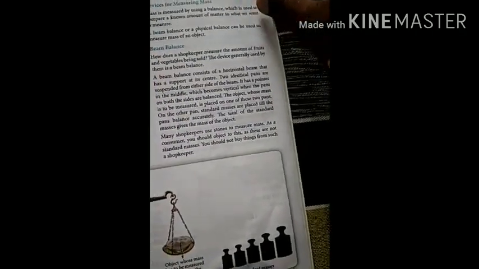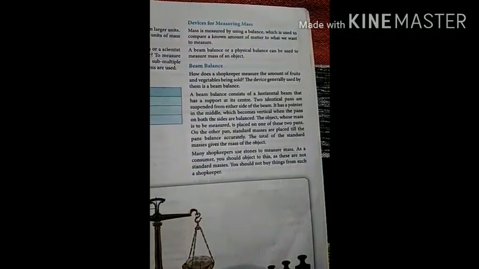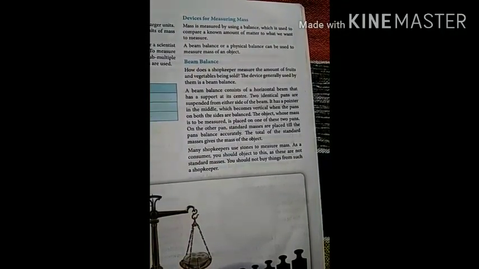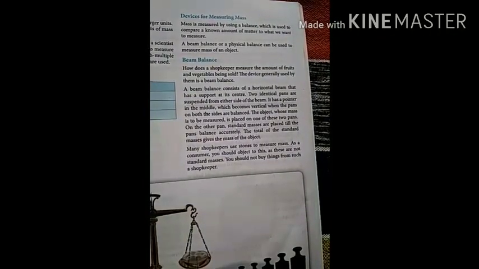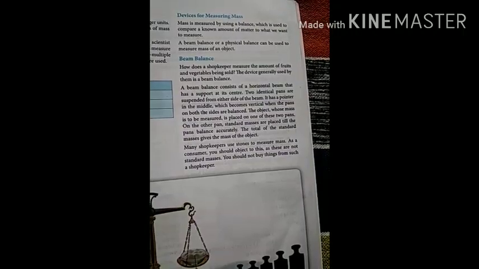Now we discuss the device which is used for measuring mass. Mass is measured by using a device called beam balance, which is used to compare a known amount of matter to the unknown amount of matter which we want to measure.